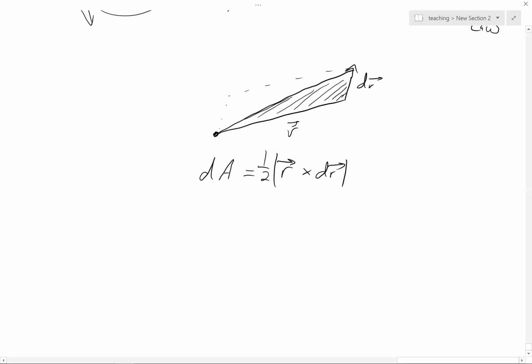Well, what have we got here? That's dA, so if I look at dA dt, that would be 1/2. I mean, dt is just a positive scalar. I can push it inside the norm of this vector. So if I have a scalar like 1/dt times this, I can move it inside.